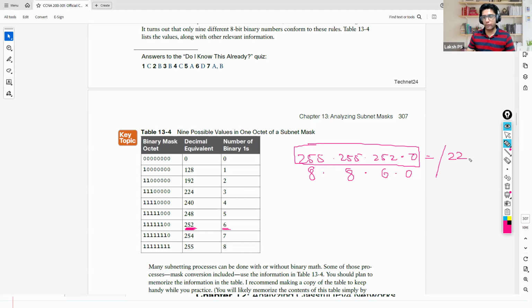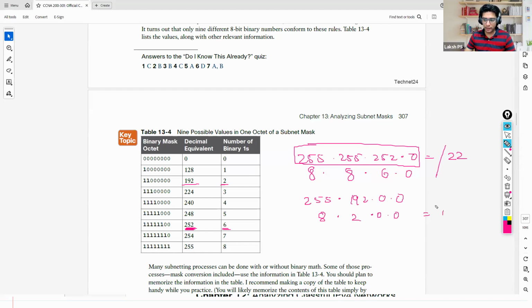/22 as well. Instead of writing the whole address mask, you can just write the number of ones in that prefix. It will give you that value, /22. Next, if I write 255.192.0.0, it will be 8 plus 2, since 192 has 2 ones, then 0.0.